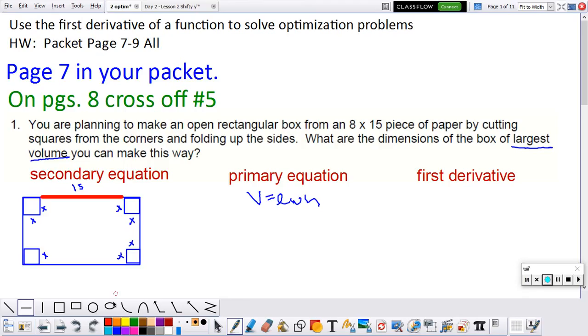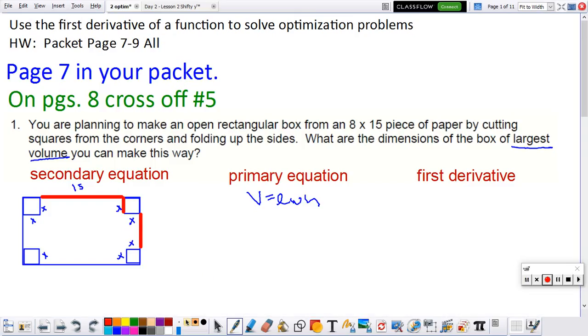This new length and this new width, so when I fold them up, remember, this will be x. We know that's going to be x, the height. But this new length is going to be 15 minus 2x, because remember I cut one off here and this guy. So this is going to be 15 minus 2x, and this red one will be 8 minus 2x.